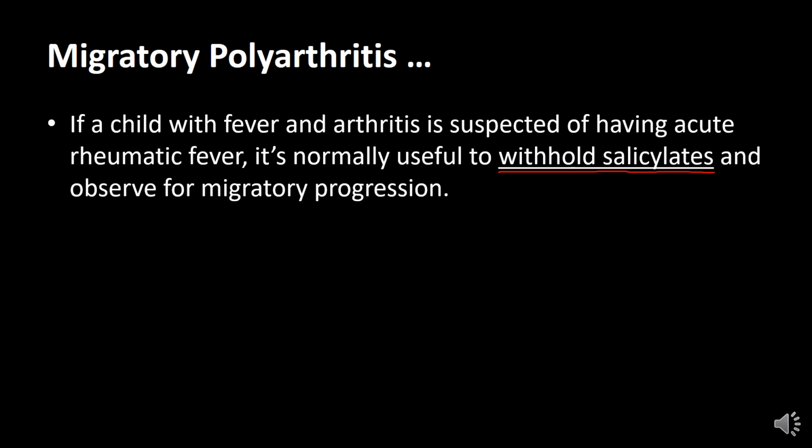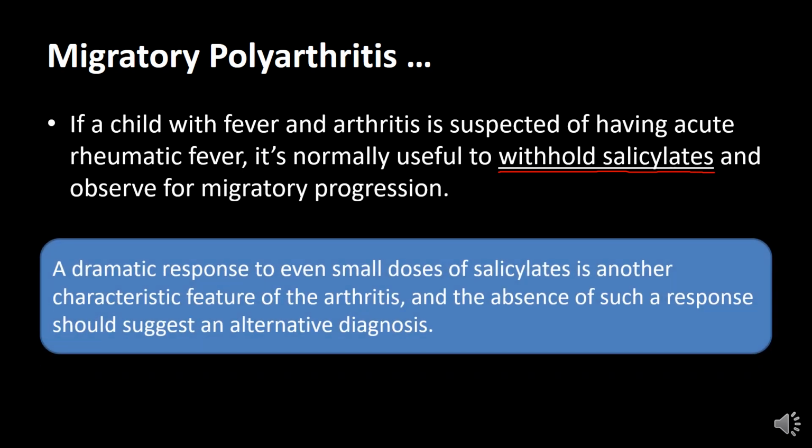What is rather recommended is that you give other analgesics like paracetamol, for example, or Brufen, for example, to these children as you wait to see how the arthritis progresses. So what you do is at least relieve their pain and wait to see what happens.